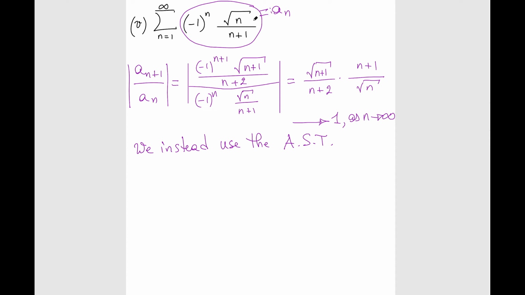So let's make the case that square root of n over n+1 is a decreasing sequence. So the sequence square root of n over n+1 decreases to 0, this is our claim. We need to talk about it.